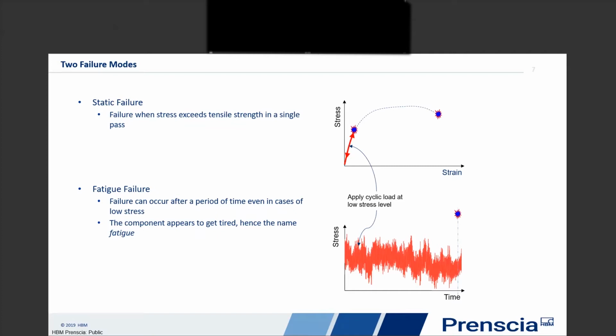Second mode of failure, fatigue, looking at cycles of stress at load levels substantially less than we're interested in terms of static failure. But over time, repeated applications of those cycles can cause the part to initiate and get cracks.